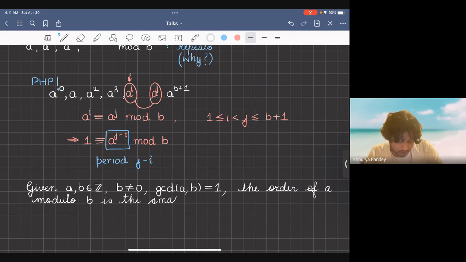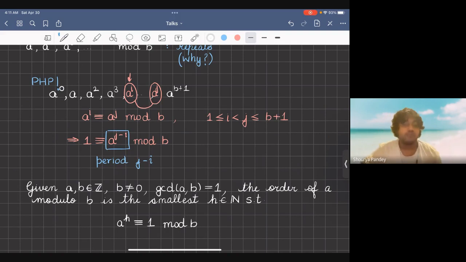In this talk, by natural number I mean 1, 2, 3, 4 onwards, so I don't consider 0 a natural number. Note that we've already shown existence, so this definition makes sense. You need existence for this definition to actually make sense.